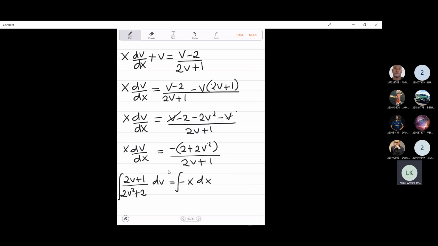Even before that, just to make the calculations easy, since 2 is a common factor in the denominator here, I can factor it out and then multiply it on both sides. So I have the integral of 2v plus 1 over 2v squared plus 1 dv equals minus 2 times the integral of 1 over x dx, like that.